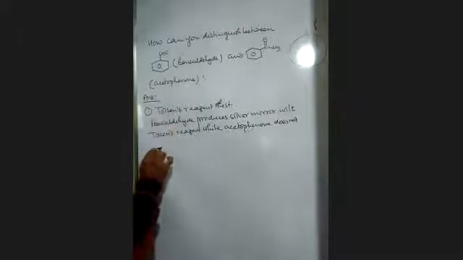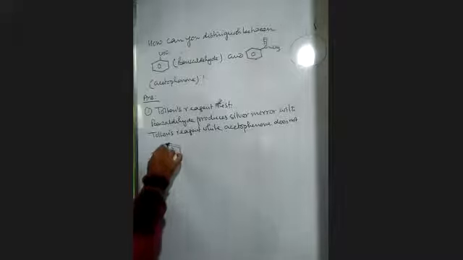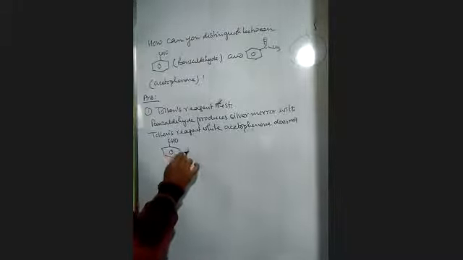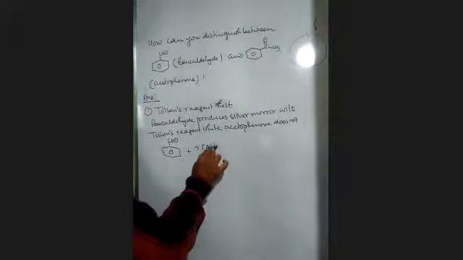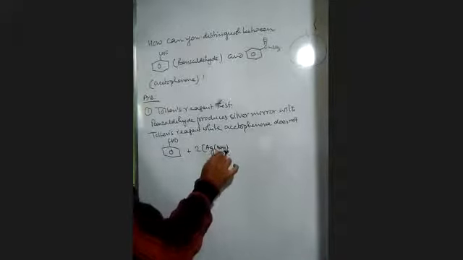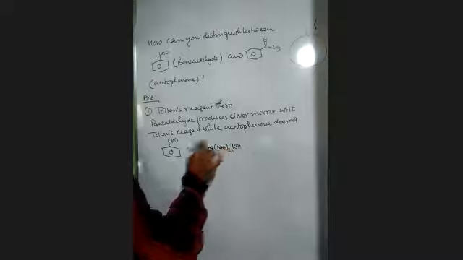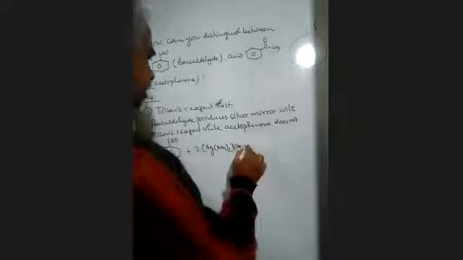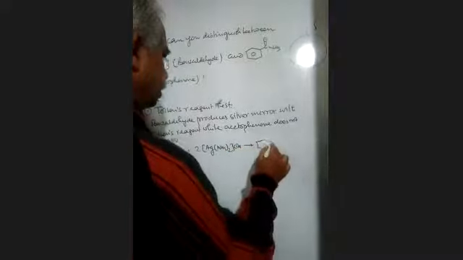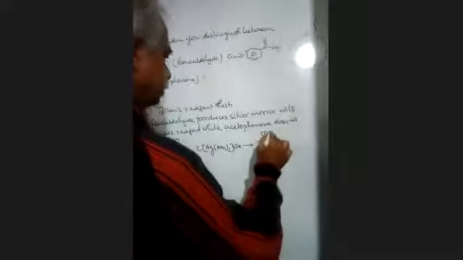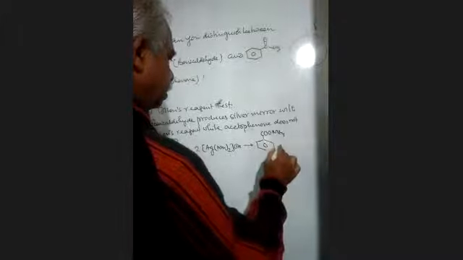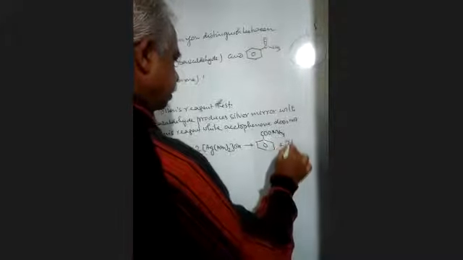Equation is not necessary, but still I'll write it. Okay, so this is CHO, and we'll write here 2 [Ag(NH3)2]OH. So what will we get here? You'll get here now, okay, NH4+, 2H.